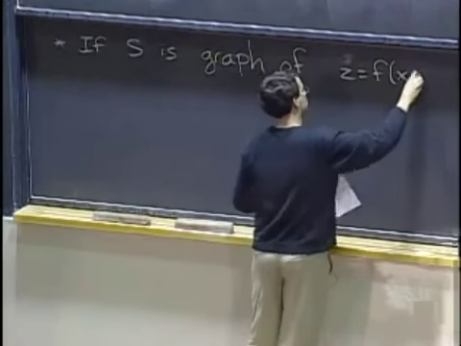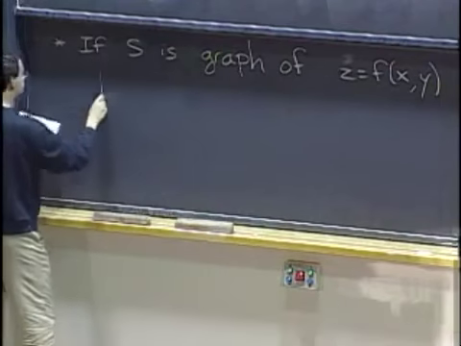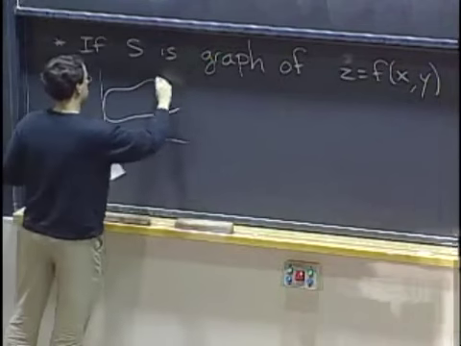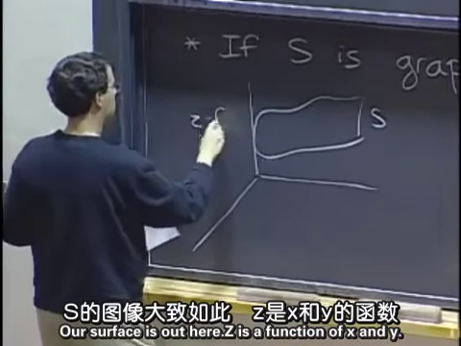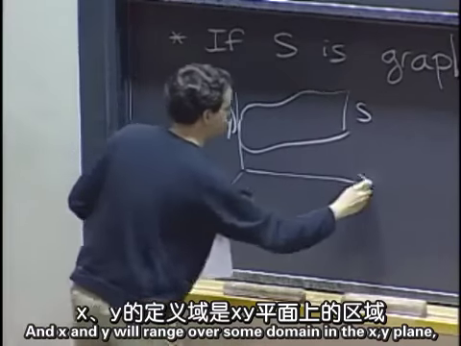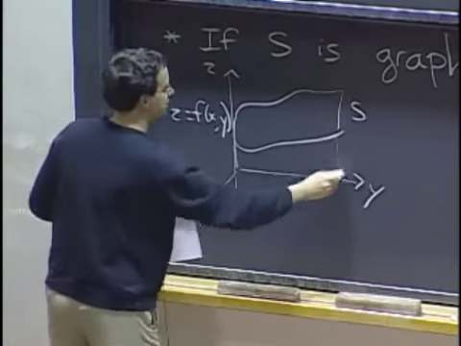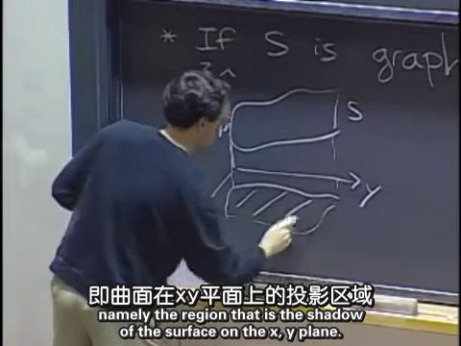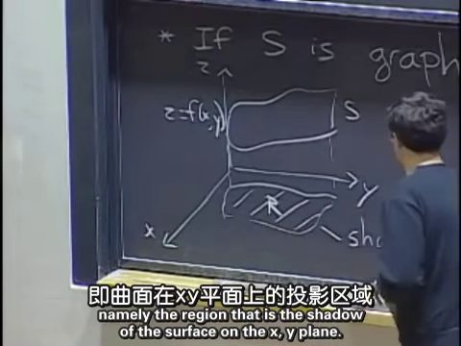So, it's given by z equals some function in terms of x and y. So our surface is out here. Z is a function of x and y, and x and y will range over some domain in the xy plane, namely the region that's the shadow of the surface on the xy plane.